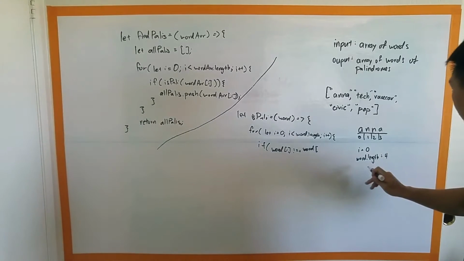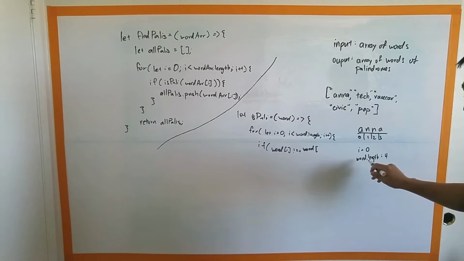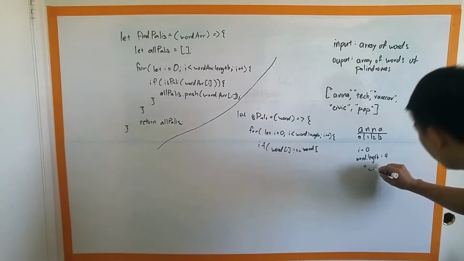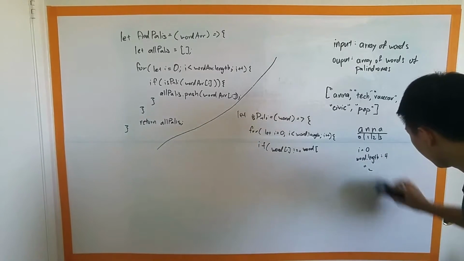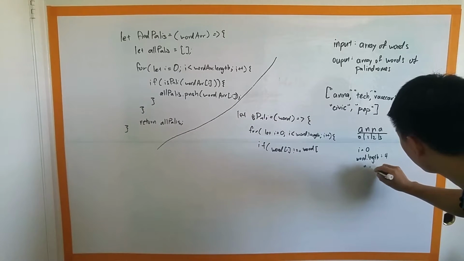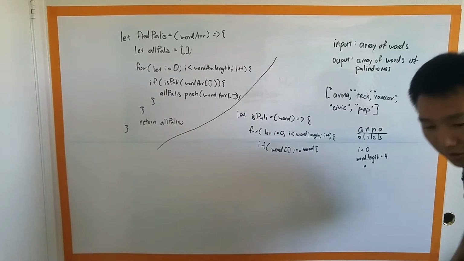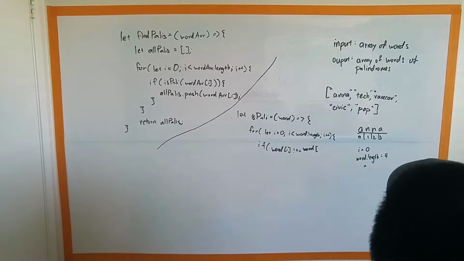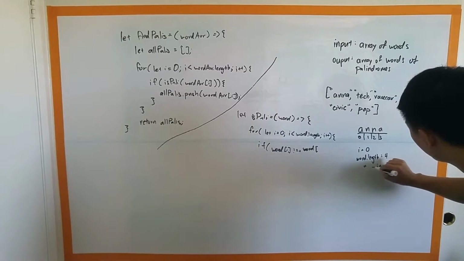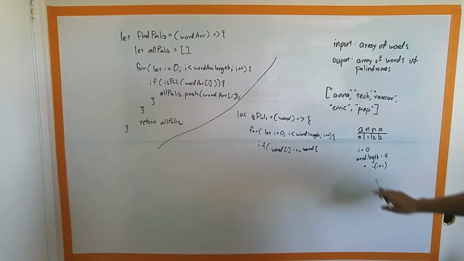So we can do word.length minus or plus 1. Was it plus 1? I had it written down here somewhere. Minus i plus 1. There we go.